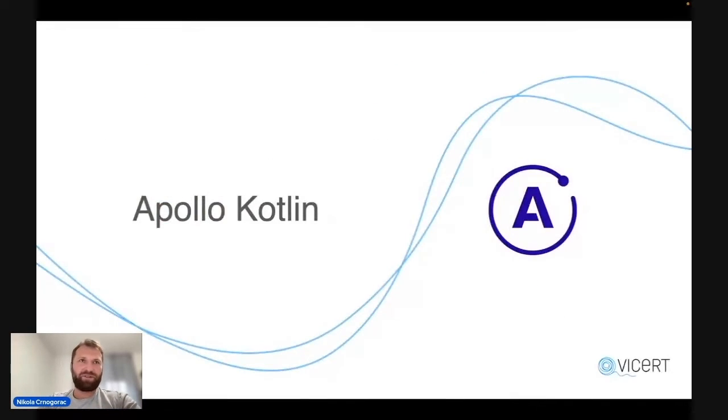So as I previously mentioned, if you remember, I mentioned security of the apps. By the way, we don't store any more information than needed. So here we have Apollo Kotlin.